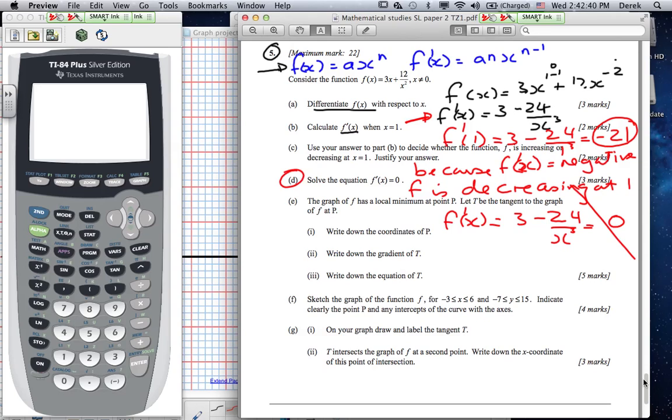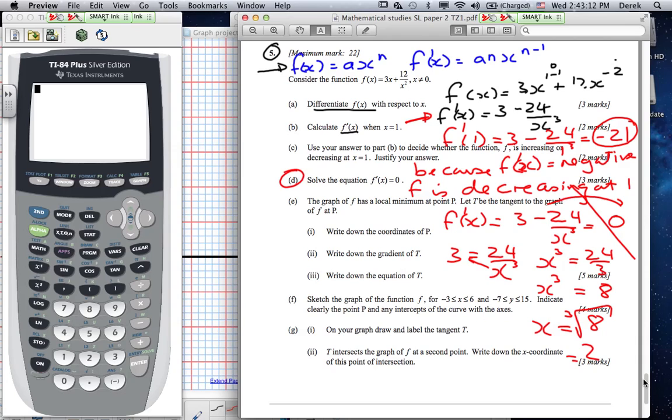So I take it over to the side, so we get 3 is equal to 24 over x cubed, and then I cross multiply with my x cubed and my 3, so I can write that as x cubed is equal to 24 over 3, which is equal to 8. X cubed is equal to 8, therefore x is equal to the cube root of 8, which is equal to 2. You could do that on your calculator. So we've got here the solution to f prime of x equal to 0.